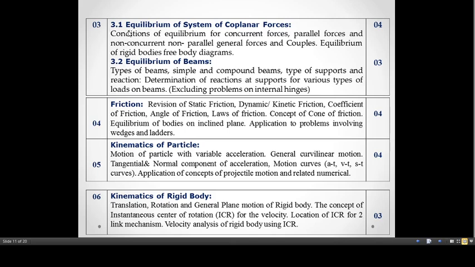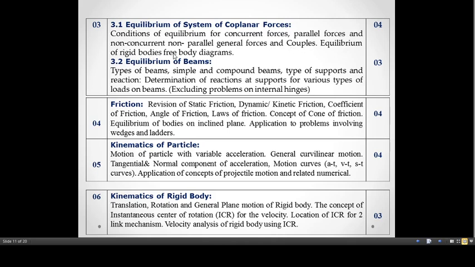In the third module, we'll learn about these points. It includes two subpoints, equilibrium of system of coplanar forces and equilibrium of beams. So under the first point, condition of equilibrium for concurrent forces, parallel forces and non-concurrent, non-parallel general forces and couples.